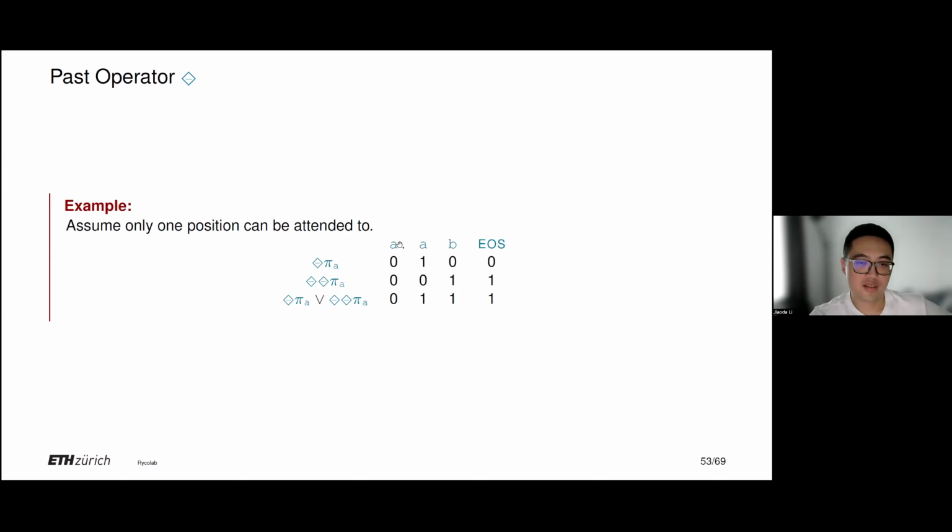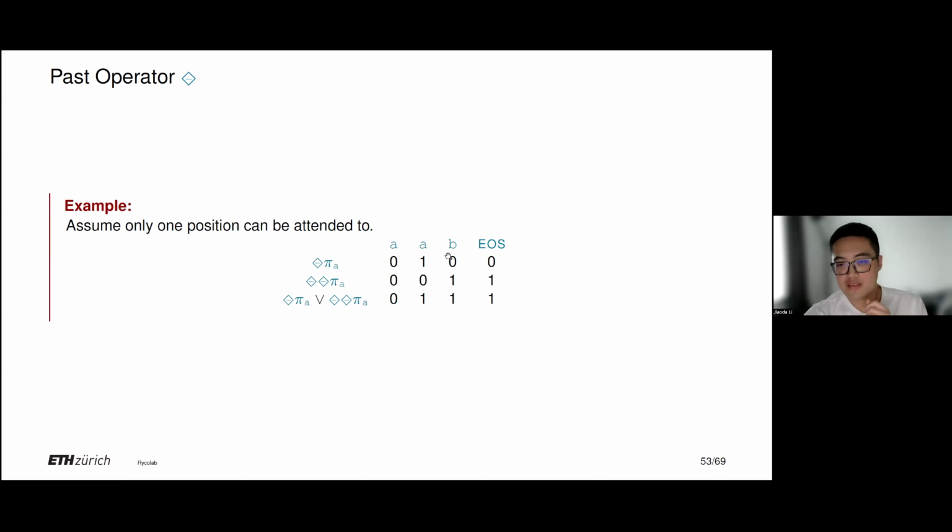So again, we show this example. We assume the maximum number of positions that we can attend to is just 1. So in the first layer, the past pi A, in the first position, there is no A before it, right? We have strict future masking, so there's no A before it, it's 0. And in the second position, there's an A before it, so it's 1.